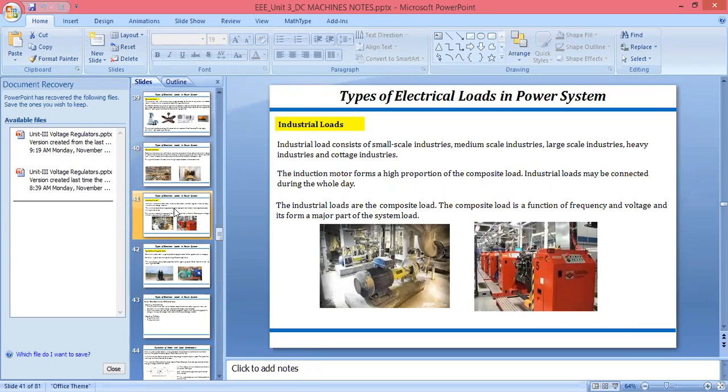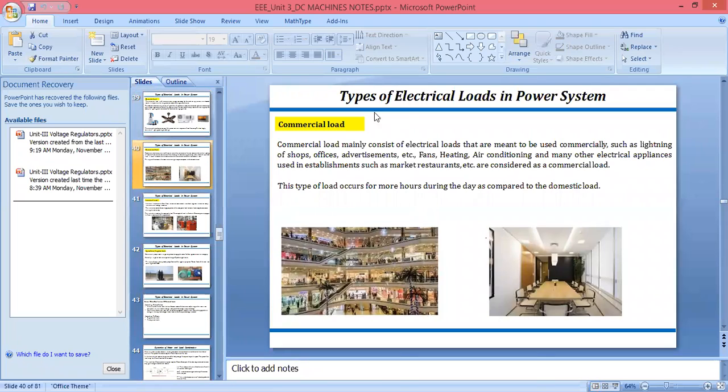Industrial loads include small scale industry and heavy large scale industry. Then we have studied the commercial load, which we are using in offices and shops. All these electrical circuits use what we call the commercial load.